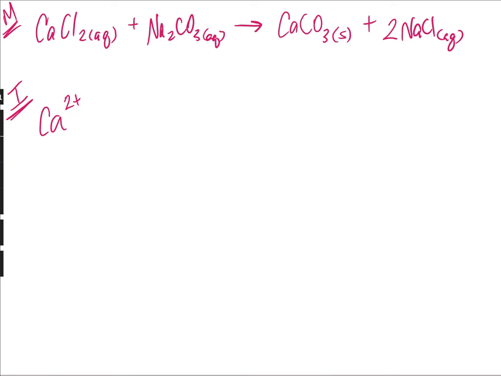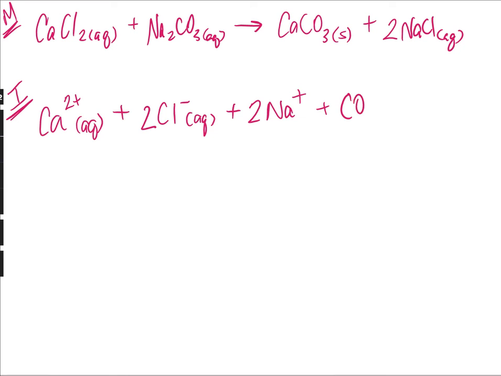So every time this compound breaks apart, it forms one calcium cation and two of the chloride anions. Every time sodium carbonate is dissolved in water, so again it's ionic and it's aqueous, so every time it dissolves, it's going to form two of the sodium cations and one of the carbonate polyatomic ions.